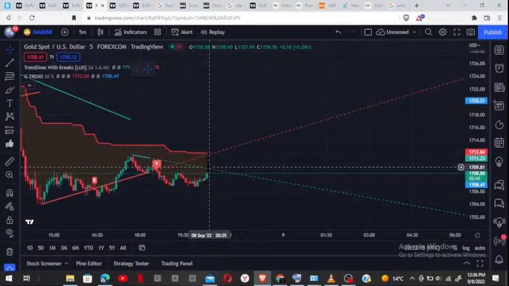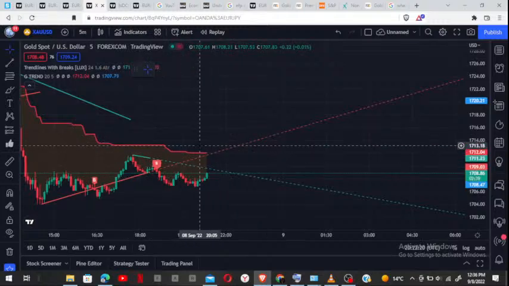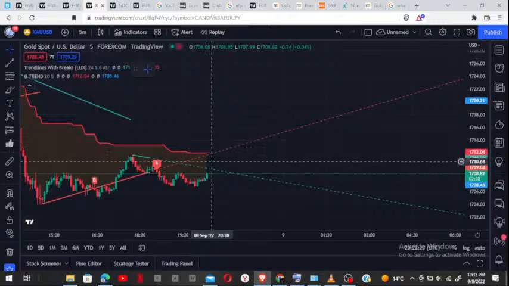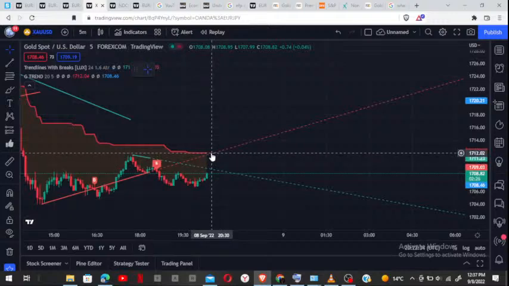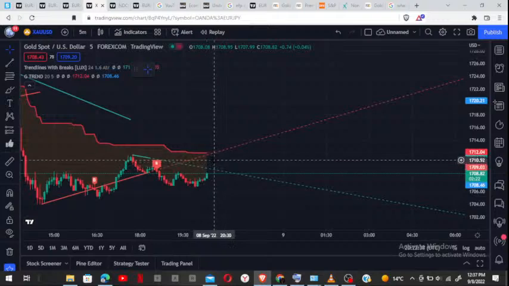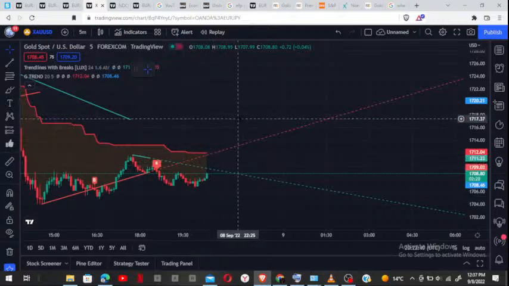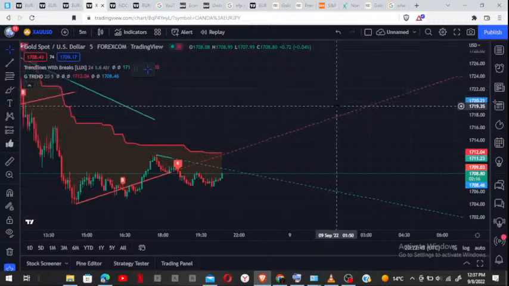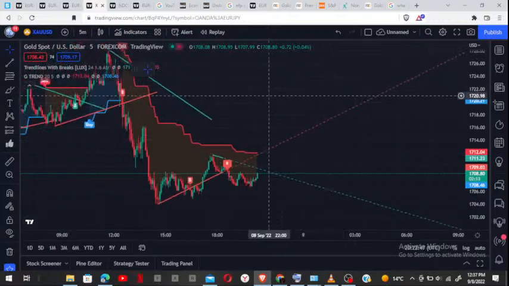It depends on how the market plays out, because this keeps on changing based on how the patterns of the market keep forming themselves. If this goes up over here, then we'll have another structure. It might break out from this point to a higher part, and we'll be able to see how the market will play based on these lines.